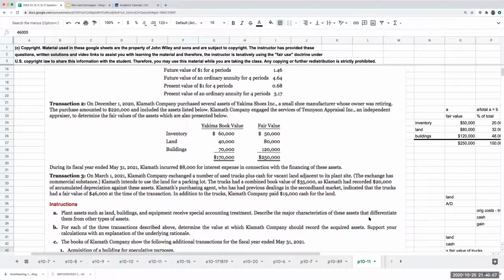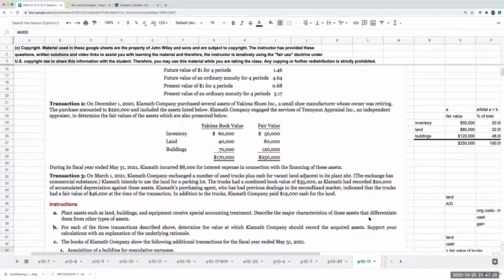Another thing is, because we're using generally historical cost, we're not going to be doing any kind of adjustments to fair value. They're not being held for resale. And your book does a good job of explaining this.